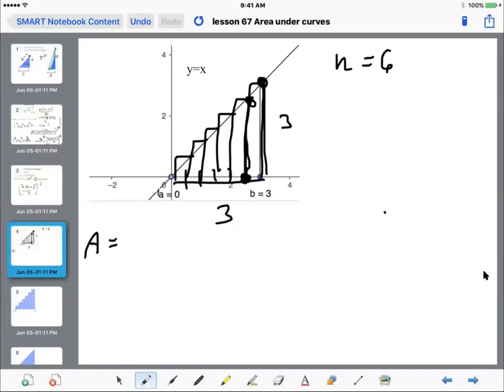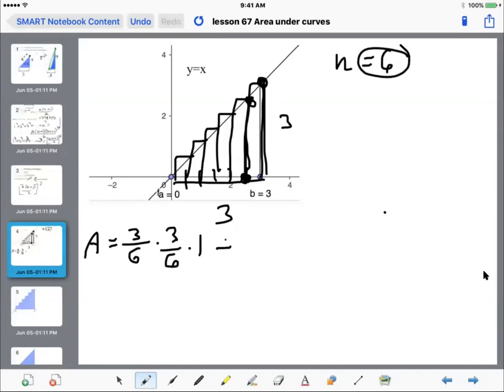And I'm going to write that as 3/6, because I kind of want to see this n equals 6 involved, but I took the full interval and divided it by 6. And the first rectangle also has a height of 3/6, which I'm going to write, if you don't mind, as 3/6 times 1.